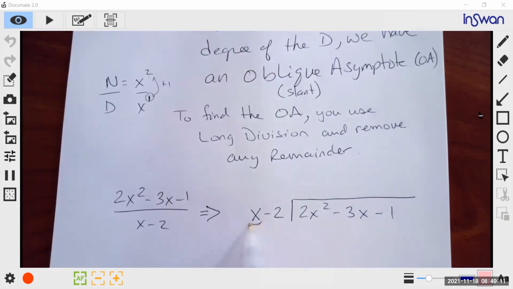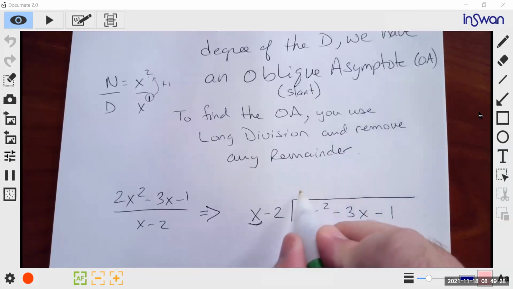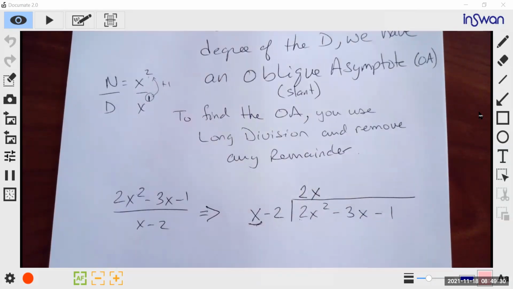So what times x gives me 2x squared? Yep, 2x.